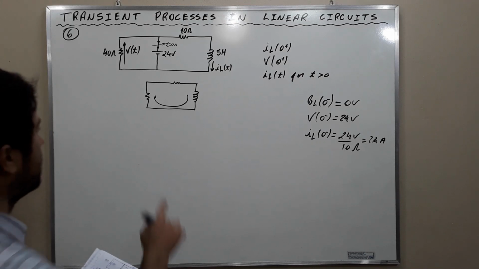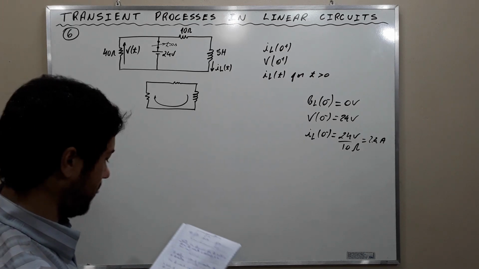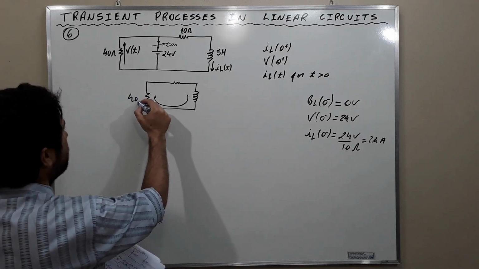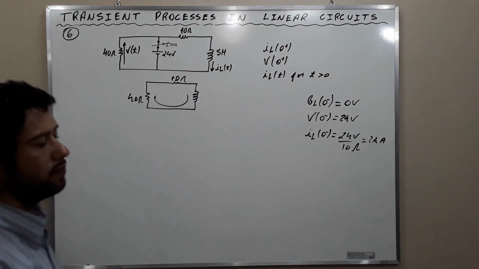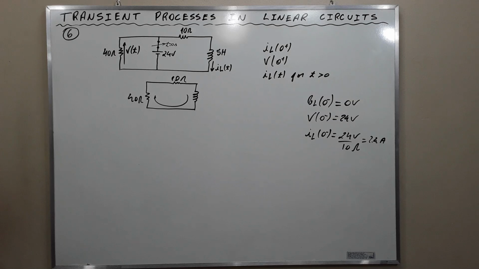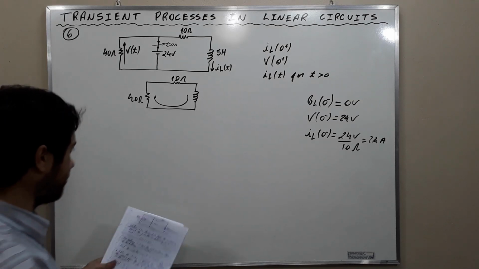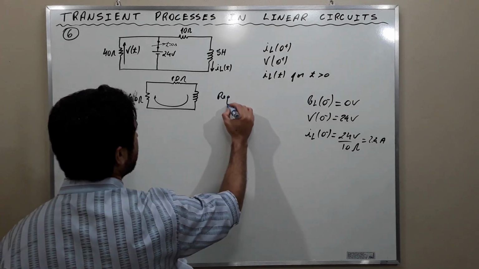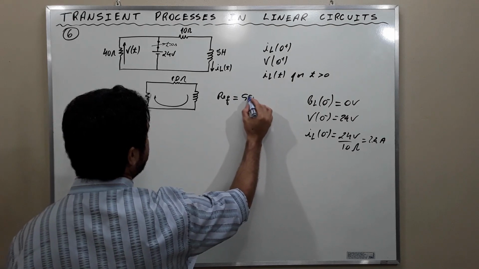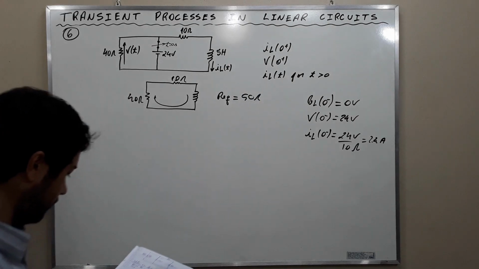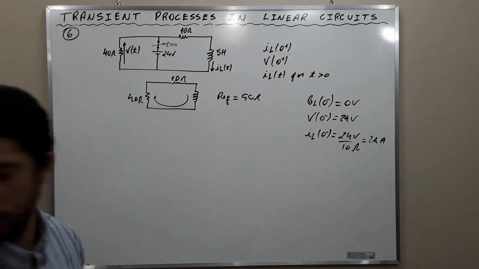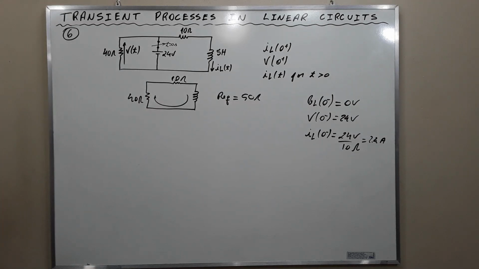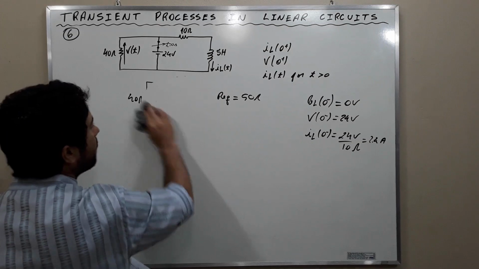Let's combine these two together here, 40 and 10. Let's combine them and call it the equivalent resistance. The equivalent resistance is going to be 50 ohms. And we are going to have a new situation, and the situation is going to be this.